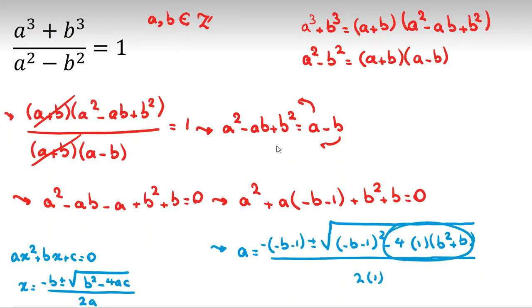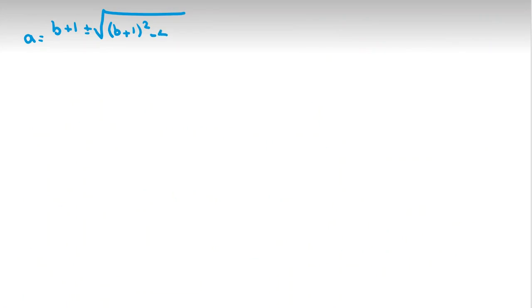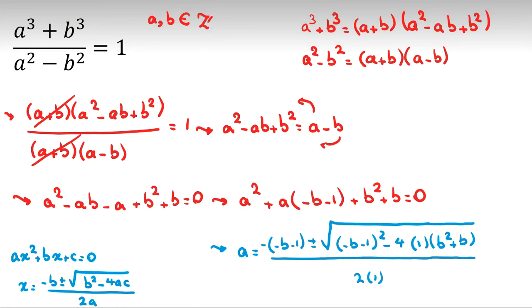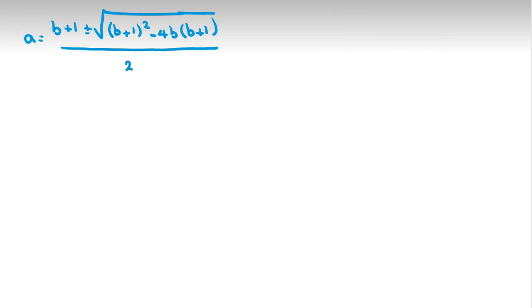And this part, negative 4 times b squared plus b, negative 4 you can factor as b squared plus b, all over 2 times 1.